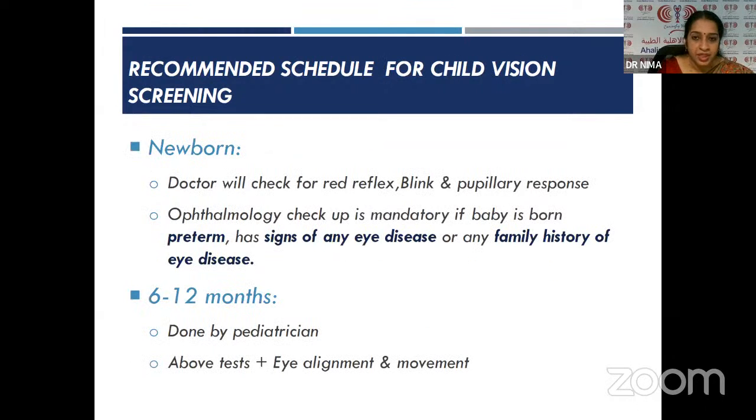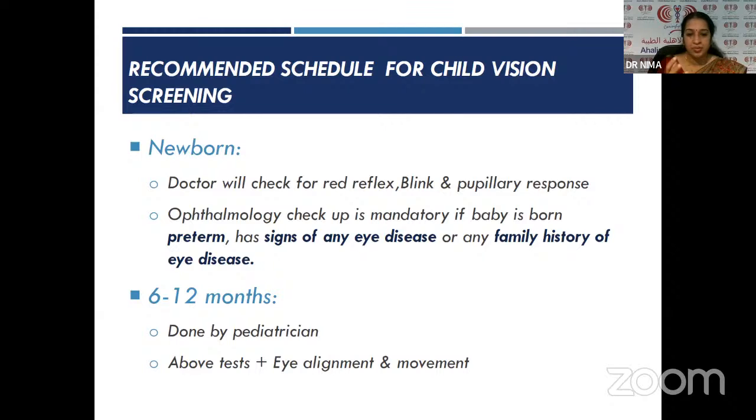So what is the recommended schedule for child vision screening? When a child is born, the doctor will check the red reflex. So you also should know what we are examining actually. That is why I'm telling this. The doctor will check for the red reflex. Red reflex means when you show the torchlight to the child's eye, at the center we can see a red color, which is the light reflected from the retina.